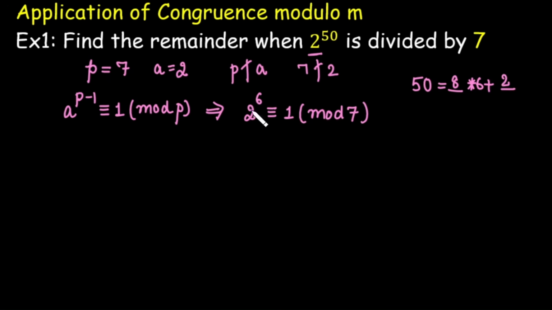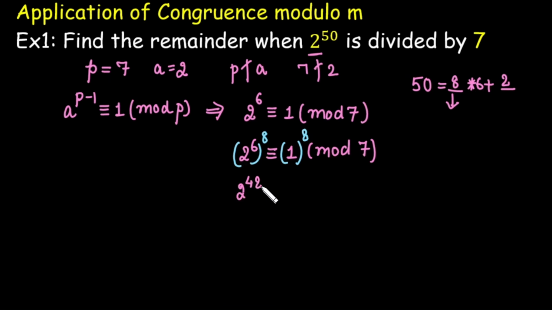In the next step, we can take the power of the quotient on both sides. The quotient is 8, so we can take the power 8 on both sides. Here we have 2 raised to the power 48.